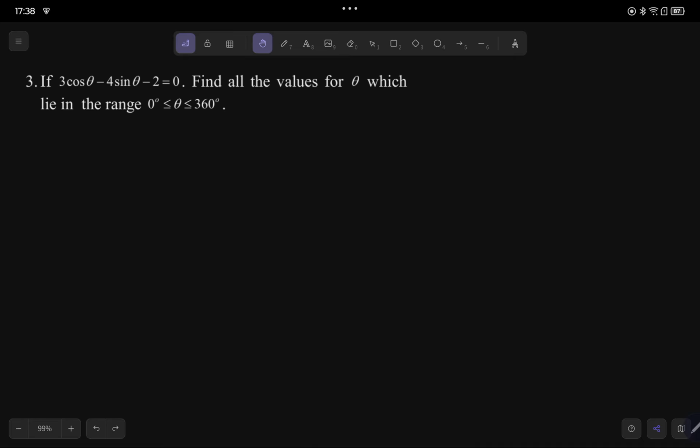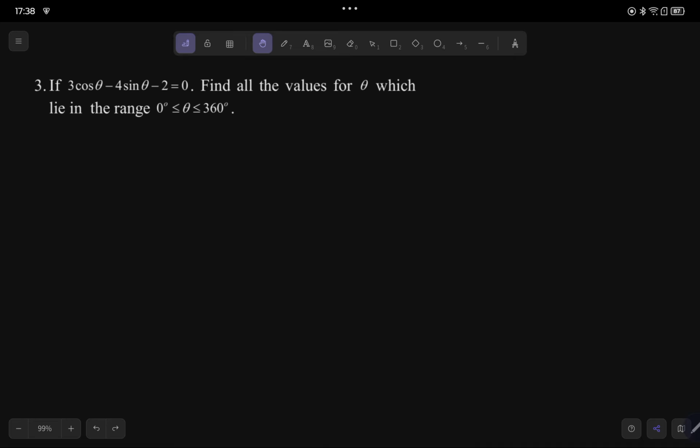Number 3. Here we are. Now this time, they didn't give us any hint of what to use. But they are saying if 3 cos theta minus 4 sin theta minus 2 is equal to 0, find all the values of theta which lie in the range 0 degrees and 360 degrees.